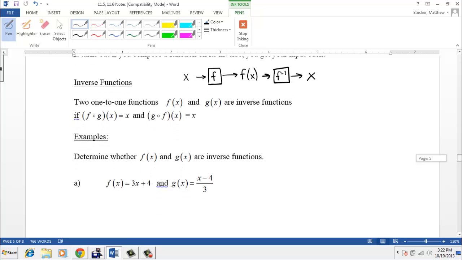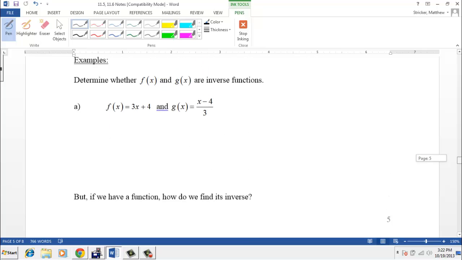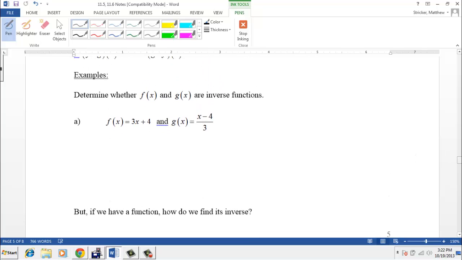So we can use this to determine if these two functions are inverse functions. First of all, f of g of x, we want to calculate that. So if we put g inside of f, remember f looks like 3 times something plus 4. And what are we putting into f, the 3 times something plus 4? We're putting in g. We're putting in x minus 4 over 3.